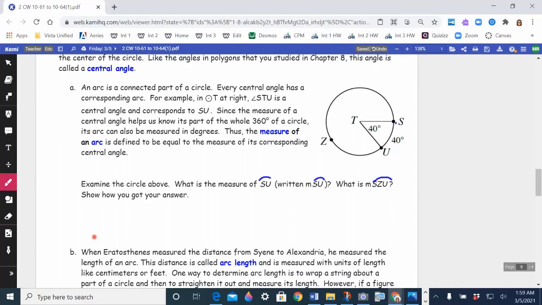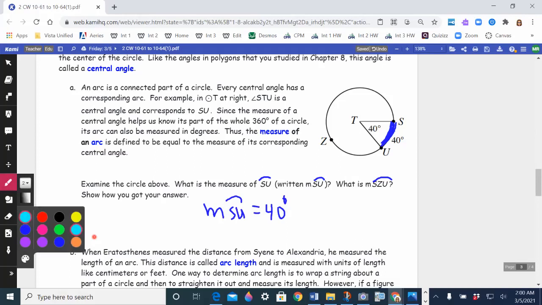So arc SU is 40, because the central angle is 40. So again, the measure of arc SU was 40 degrees. And they want us to find this other arc. And this arc right here is the major arc.